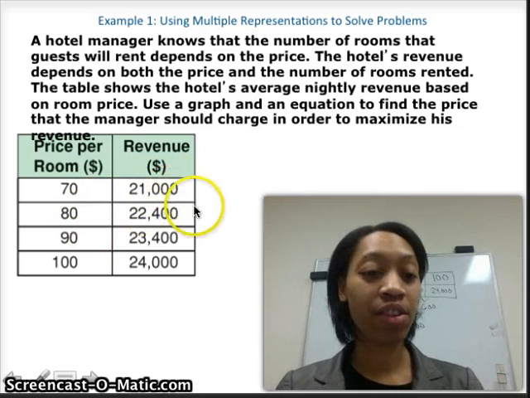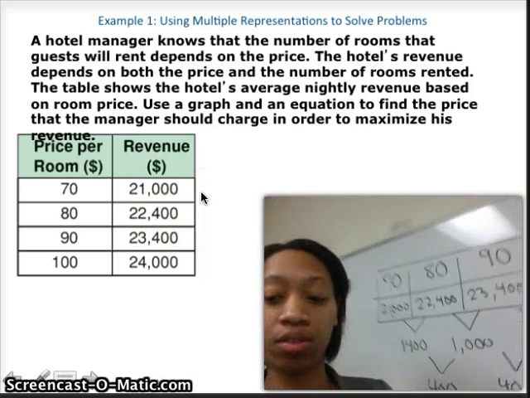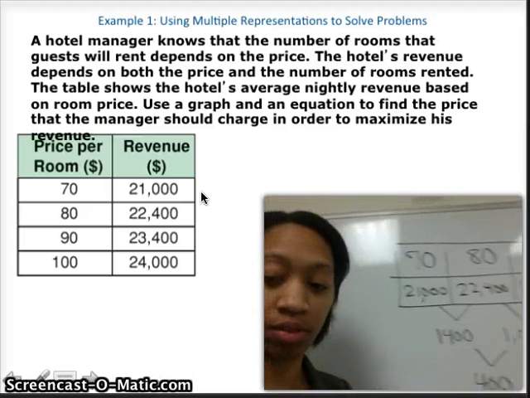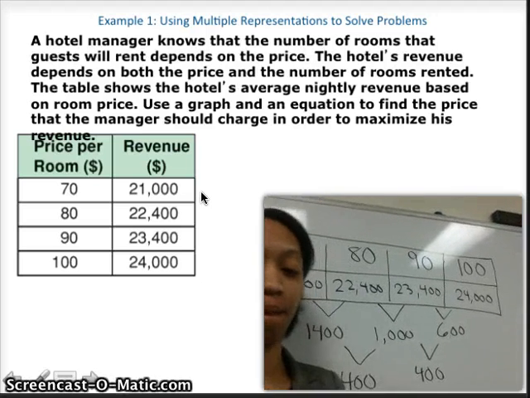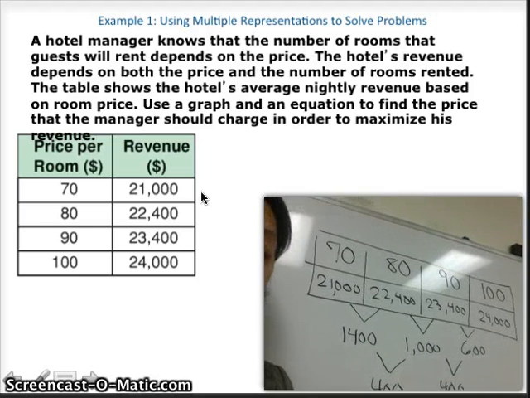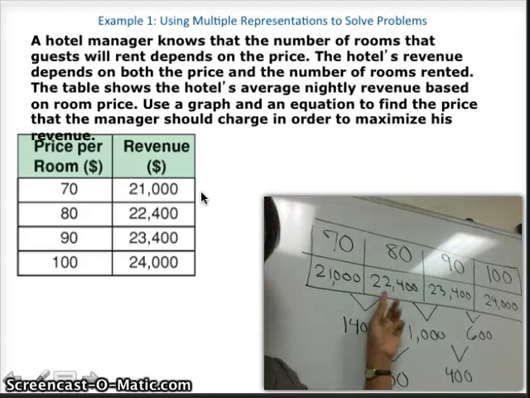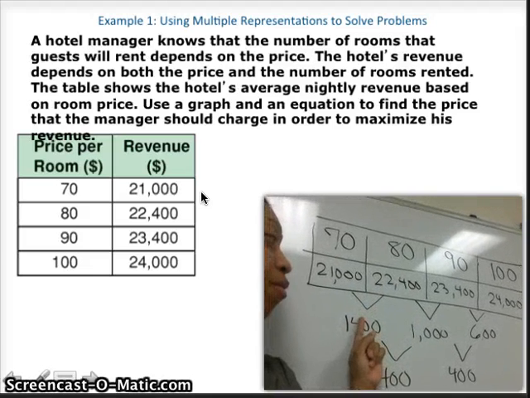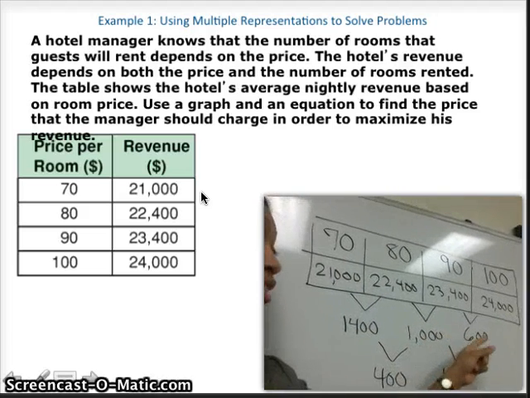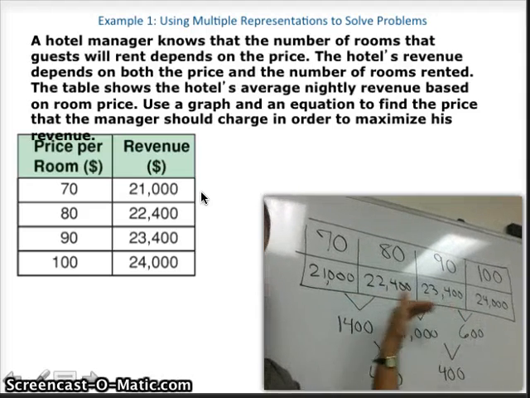So if we find the difference between these revenues, we can find the first differences, and we have 1,400, 1,000, and 600. Since the first differences are not the same, that means the function is not linear.